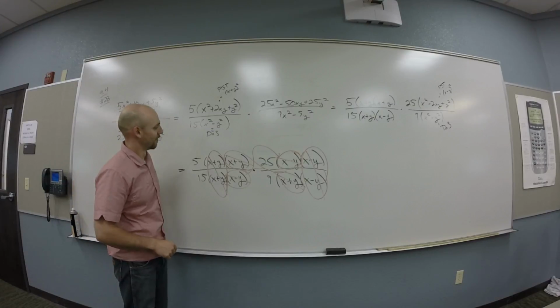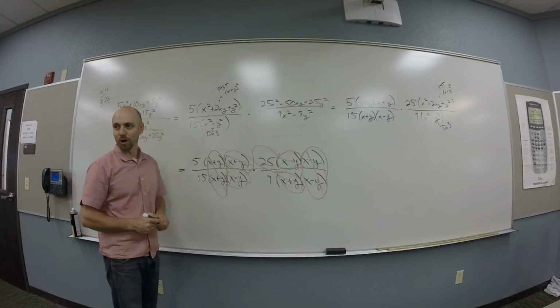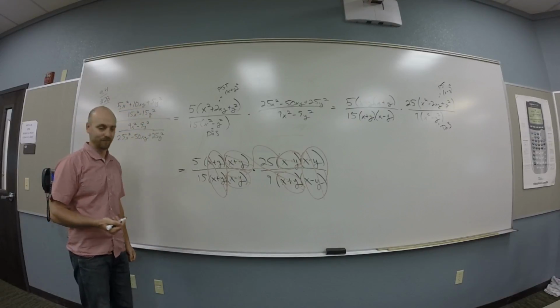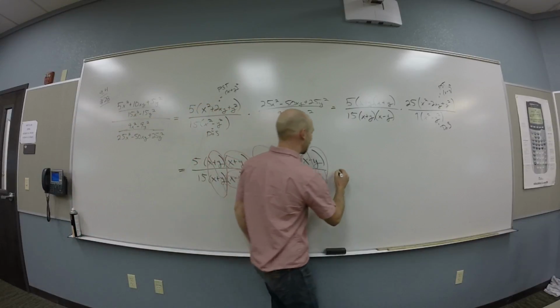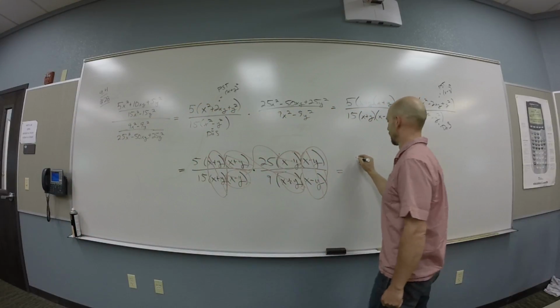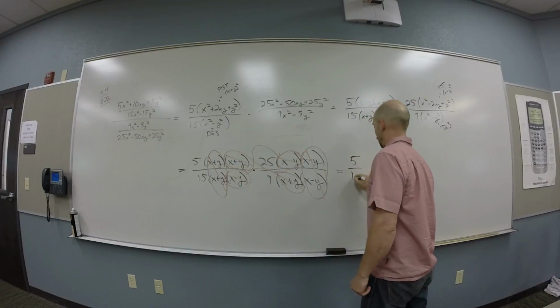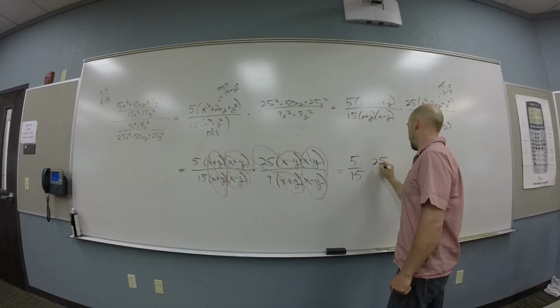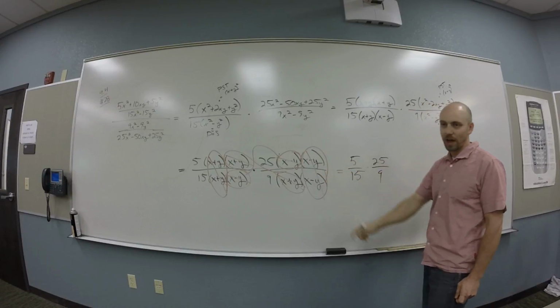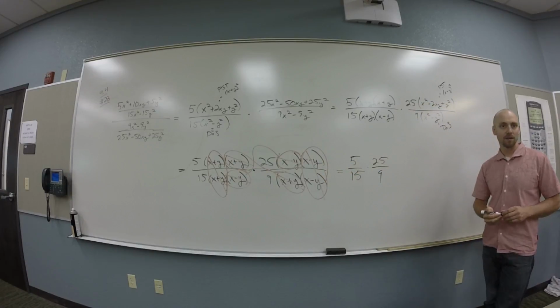Because now I'm going to have a hard time sorting out what's left, right? So what's left here? I got 5 over 15 times 25 over 9. And I should scour that and make sure I actually accounted for everything.